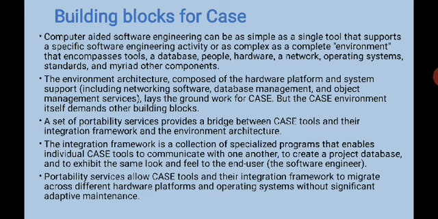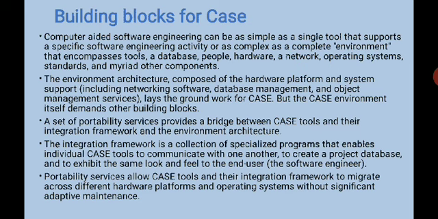Now we come to the next topic, that is building blocks for CASE. So what are the building blocks that are used for CASE? CASE, or computer aided software engineering, can be as simple as a single tool that supports a specific software engineering activity, or as complex as a complete environment. So it can range from one tool to a complete environment.